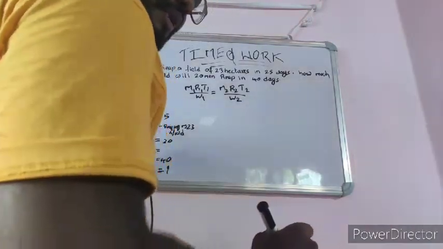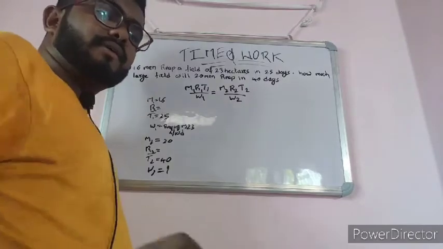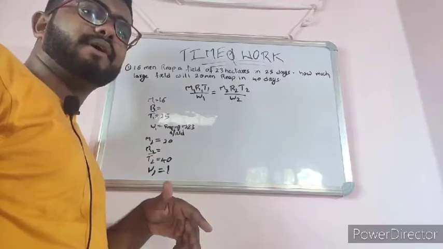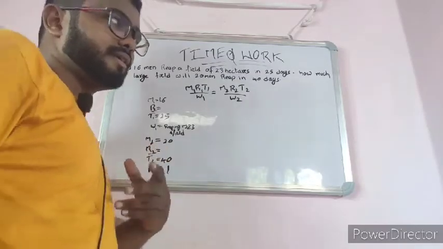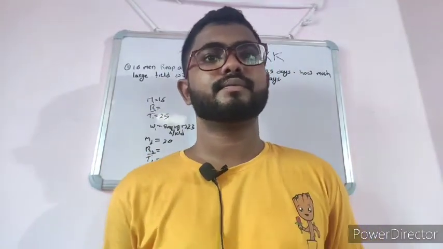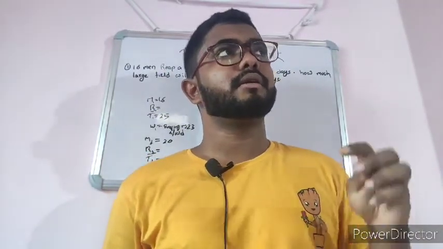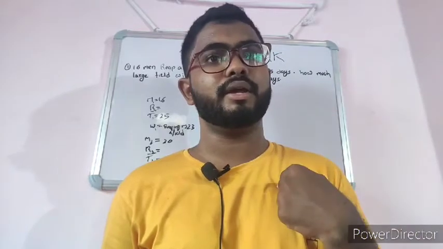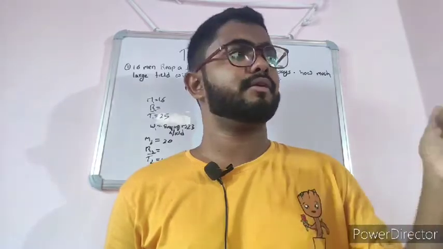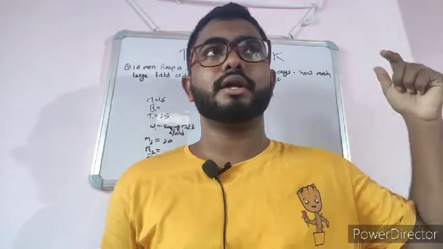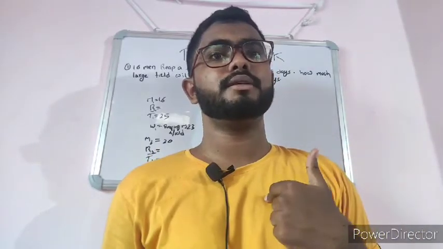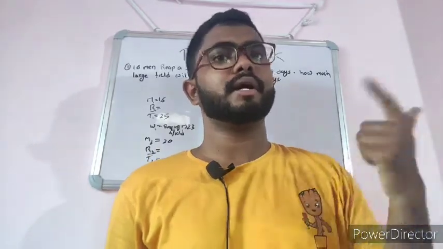So what is R1 and R2? I asked you a question previously. Rate is nothing but work done in hours per day. Let me take an example. If you are working in a software company, the rate of doing work by me will be 9 hours per day, because my working shift is from morning 9 to evening 6.